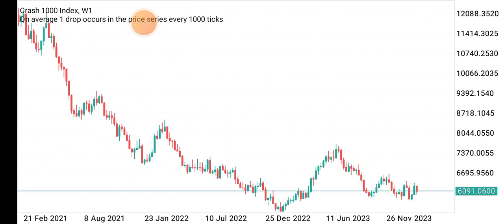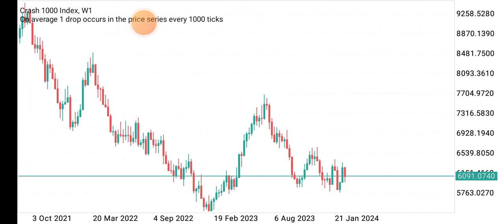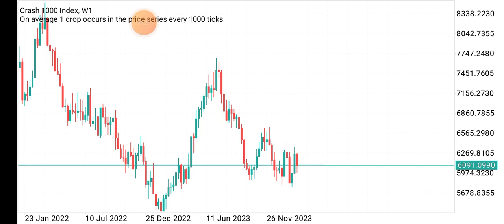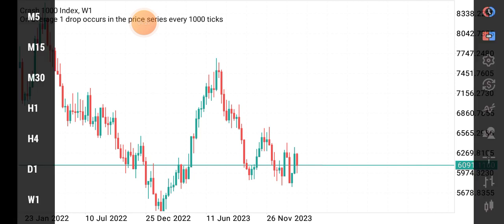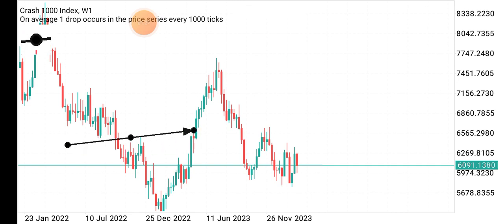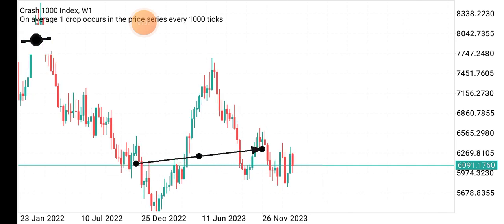As you can see right here, we are mostly concerned about the current structure of the market. The market is forming this particular structure right here, and this is a kind of bearish flag that might signal a breakout or a possible change in direction of the market.